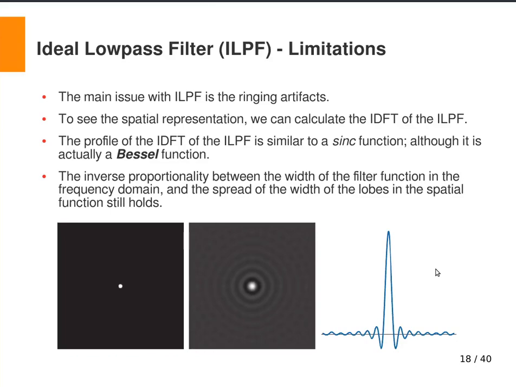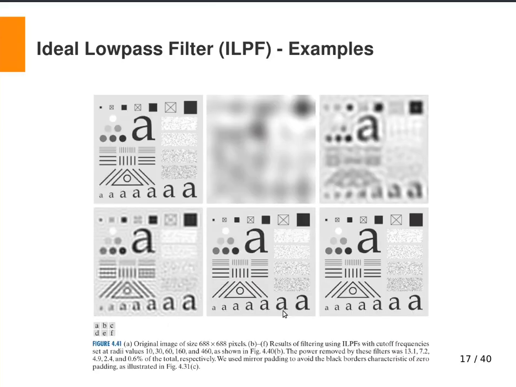So when we have larger d0s, the spatial representation of the ideal low pass filter looks more and more like an impulse function, and that's why when we work with ideal low pass filters with high values of d0, you don't see any effect, because the convolution of any image with an impulse function is the image itself.